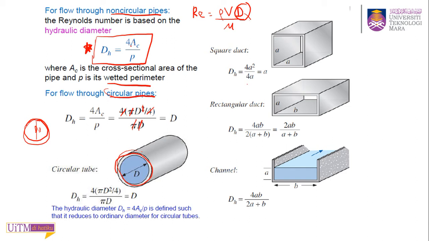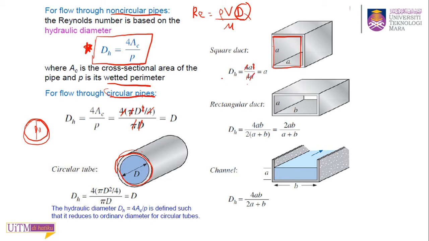4 times the area. The area of this is A times A, so that is A squared, over the perimeter. So you have this perimeter A plus A plus A plus A, that's why you have 4A, and we cancel out.